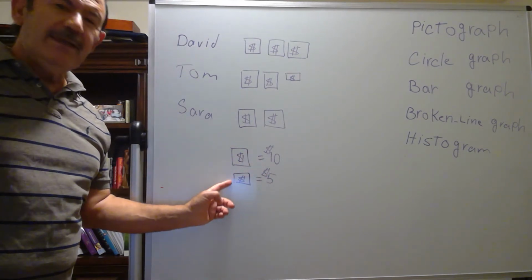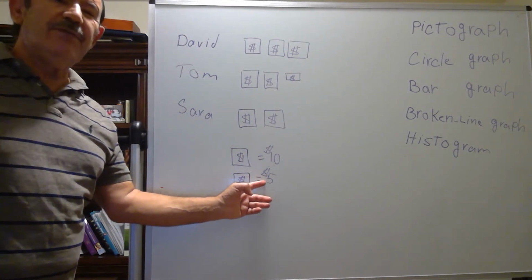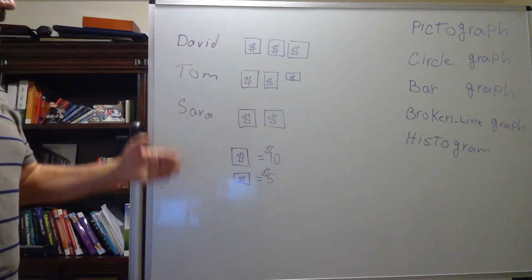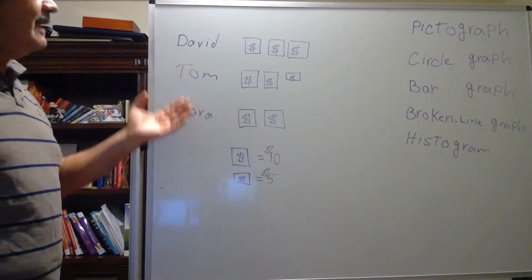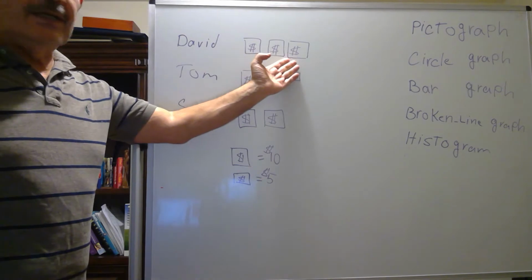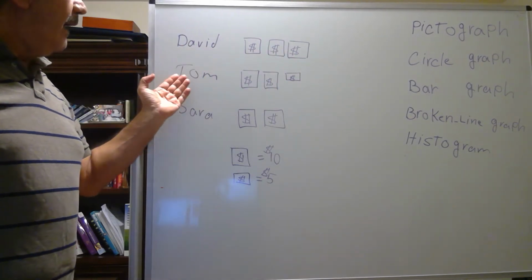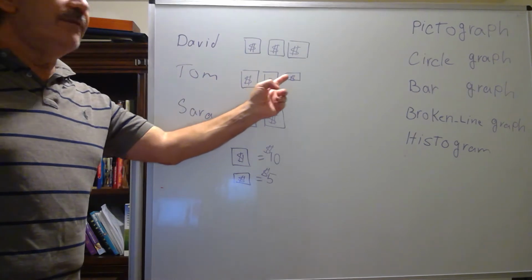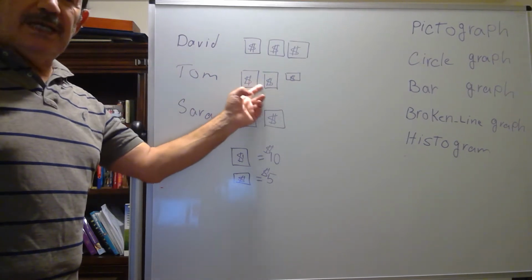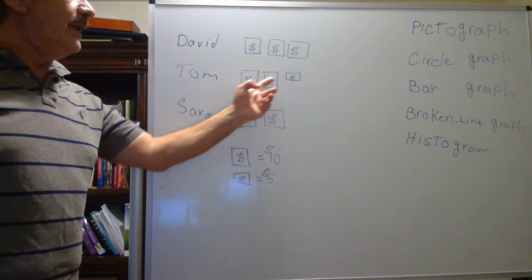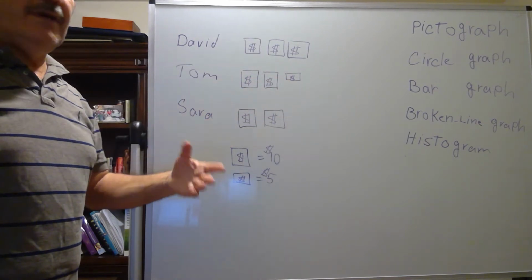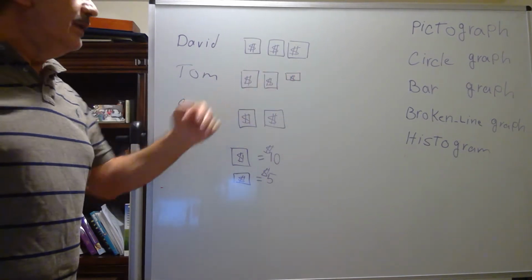This half symbol is equal to $5. If I look at this, I can see that David has $30 because he has three symbols in front of his name. And Tom has $25, two full $10 symbols and one half symbol, which is $5. So the total is 25.